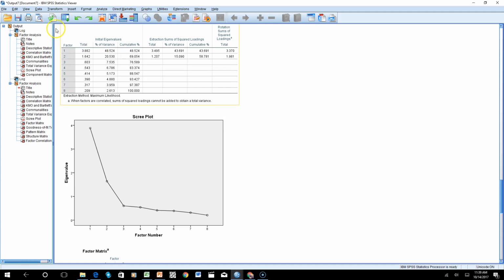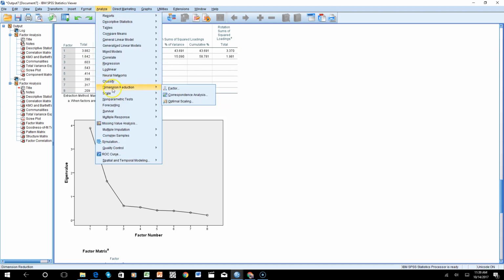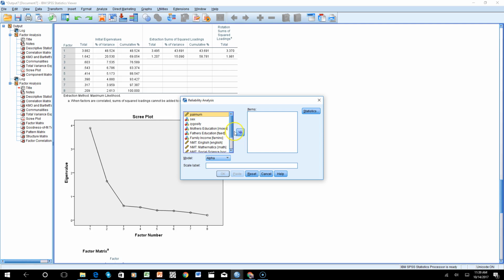Okay, now let's go to our final stage and look at reliability. We'll go to scale, reliability, and we'll go to factor 1 first.